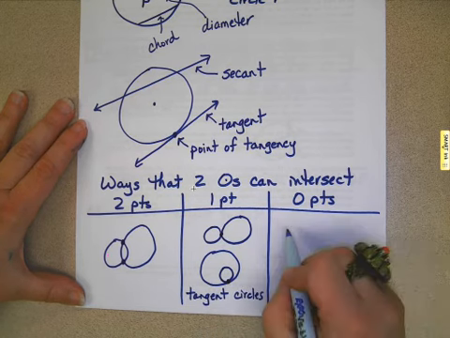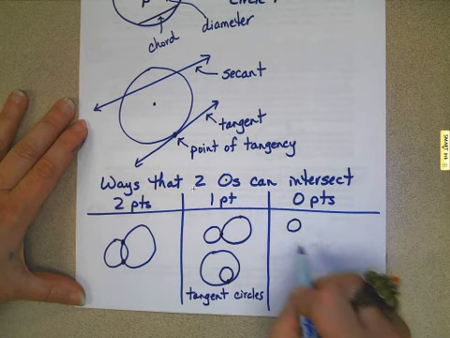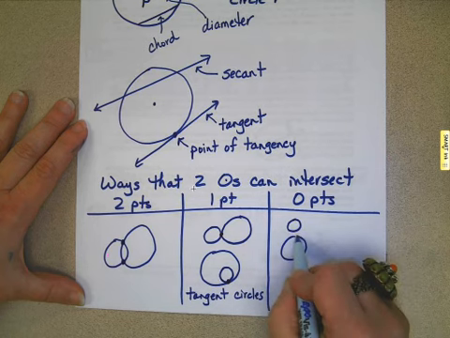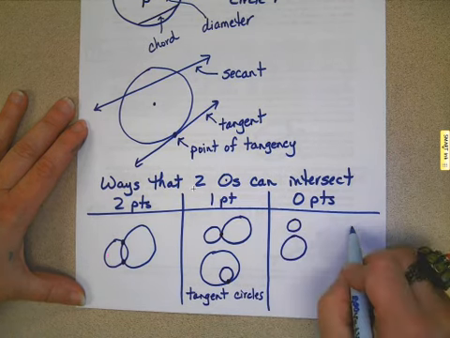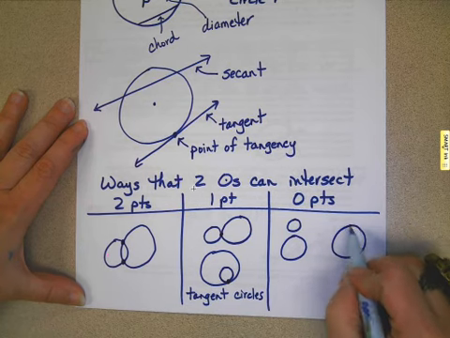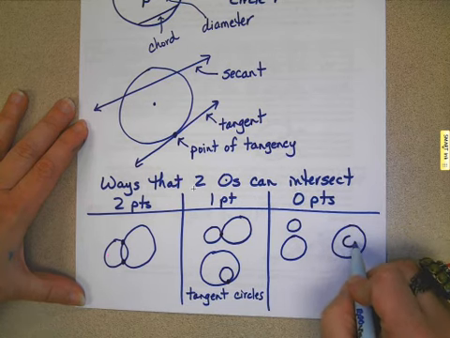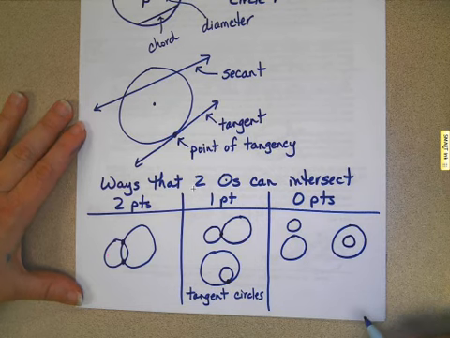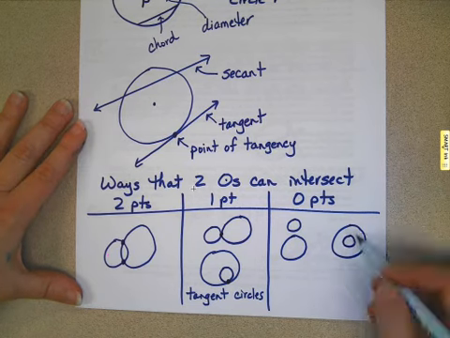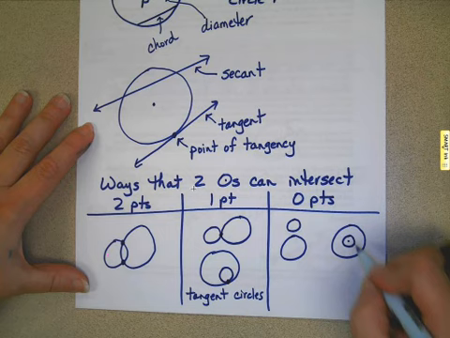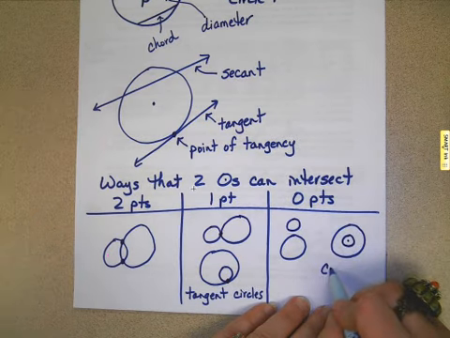And the last possibility is when they don't meet at all. So let's say you have this situation. They don't meet at all, or you can have 1 circle inside the other. Actually, you could have it not be concentric circles. I intended to draw concentric circles here.